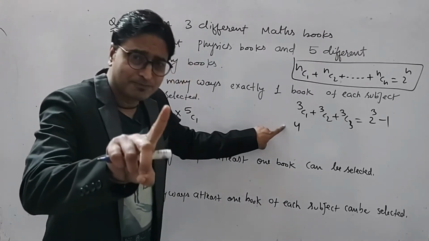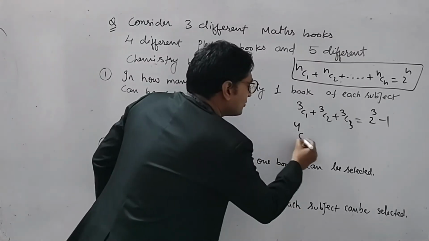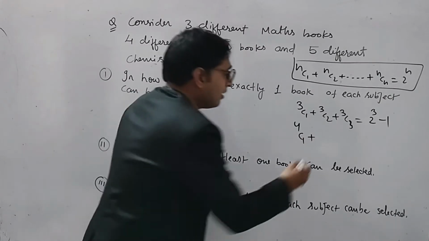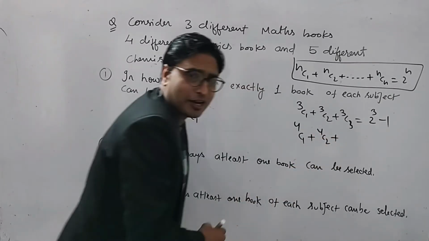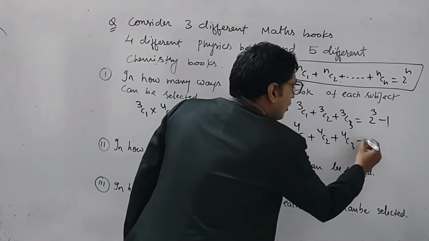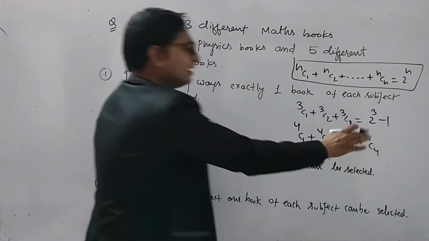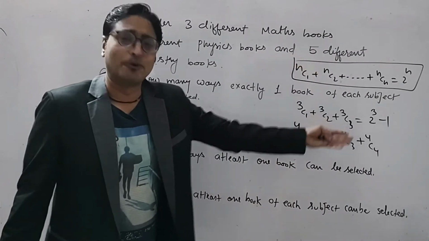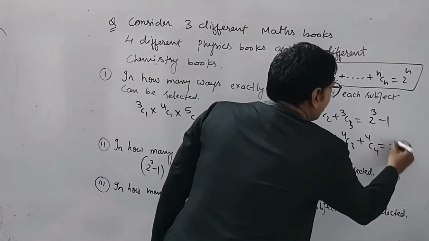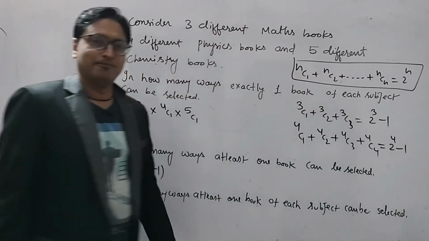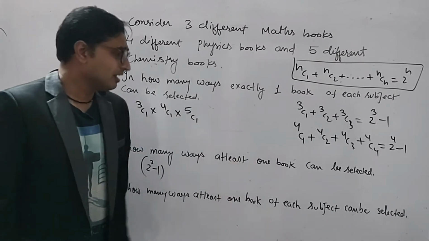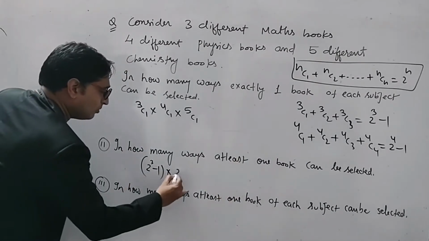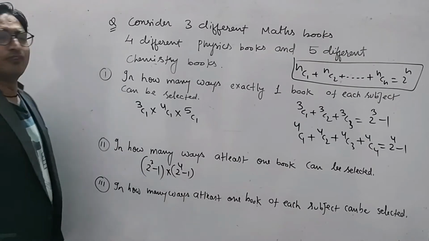You can select 1, you can select 2, so 4C1 or 4C2 or 4C3 or 4C4. So out of 4 books, you can select 1, 2, 3 or 4. So it will be 2 to the power 4 minus 1. Okay. Again, we can write 2 to the power 4 minus 1.